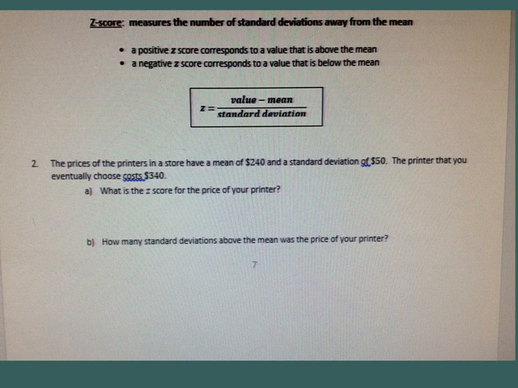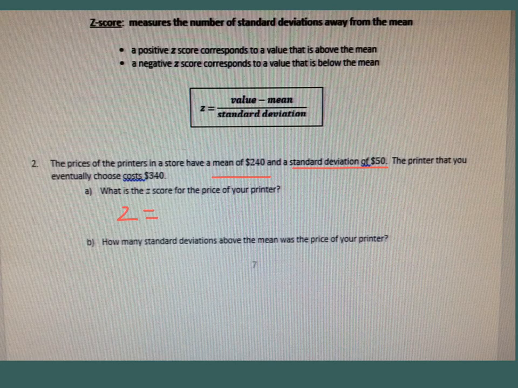All right, so let me just jump right into it so you can see what I mean here. Number 2, it says the prices of printers in a store have a mean of $240 and a standard deviation of $50. Okay, the printer that you eventually choose costs $340. What is the z-score for the price of your printer? All right, so if we use our formula right here, in this box here, it says z equals value.